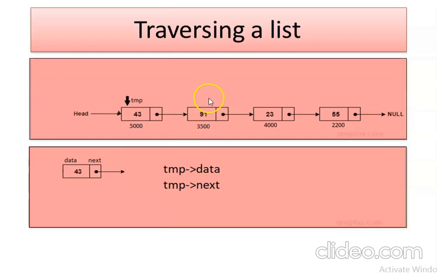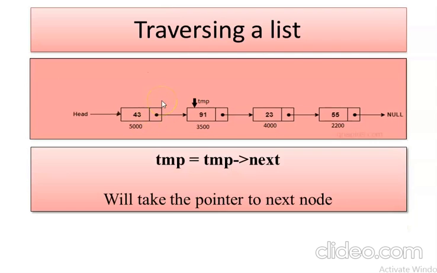If we want X to be the name of this node, then we have to use X equal to 3500. So instead we use the value TMP arrow next. If we use this, then TMP will move from here to here, because the value of TMP is now 3500, since TMP arrow next was 3500. By using this statement, we can move the pointer from one node to another.